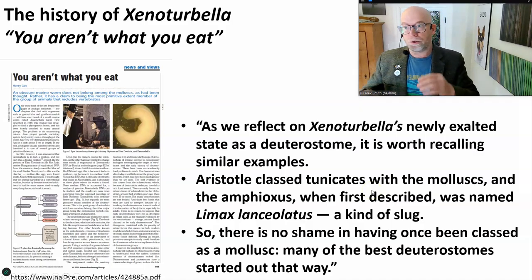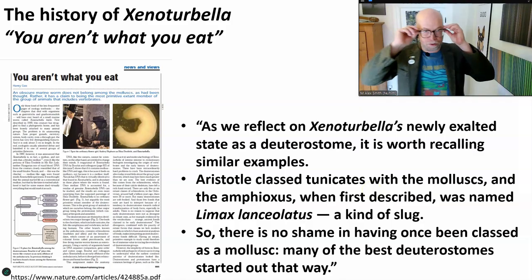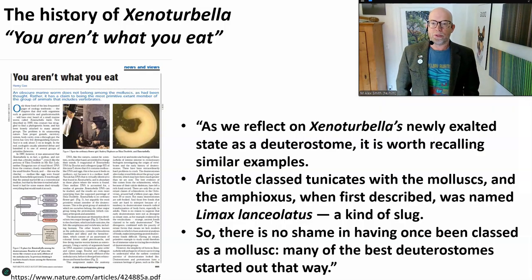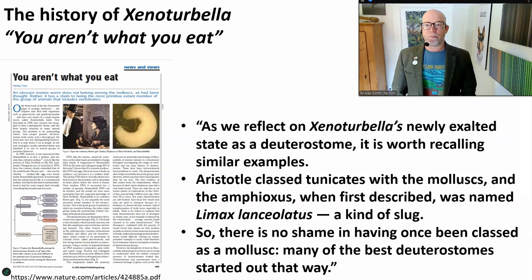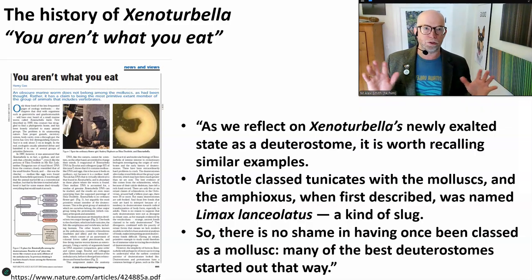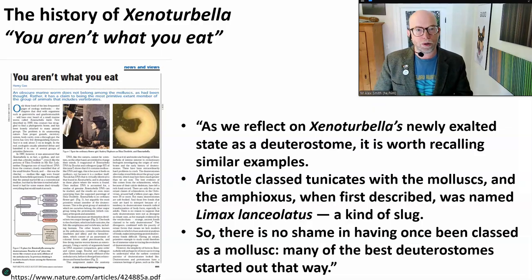And they wrote an editorial. Henry G., who was the principal editor of Nature at the time and kind of a great writer and a witty fellow, said this about it. And I love these phrases, so I bring them back to you. "So as we reflect on Xenacoelomorpha's newly exalted status as a deuterostome," that's tongue-in-cheek. There's no exalted. There's no this group is better because it's us. "It's worth recalling similar examples where Aristotle classified tunicates as mollusks, and the Amphioxus was a type of slug."